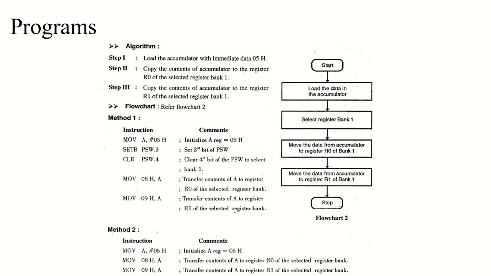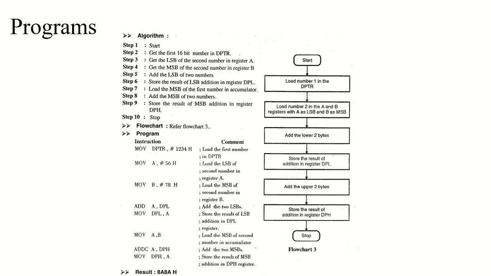Now let's move to the third one. So this is the third program, and what would be the problem statement of the third program? We are using this program to add two 16-bit numbers.